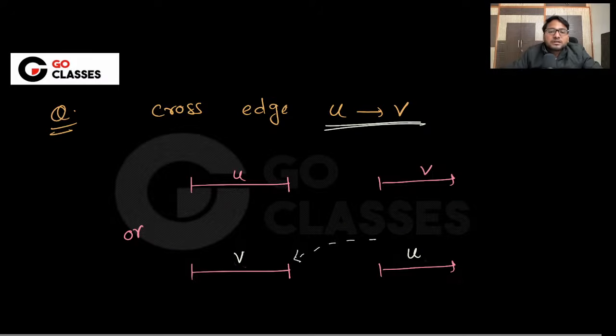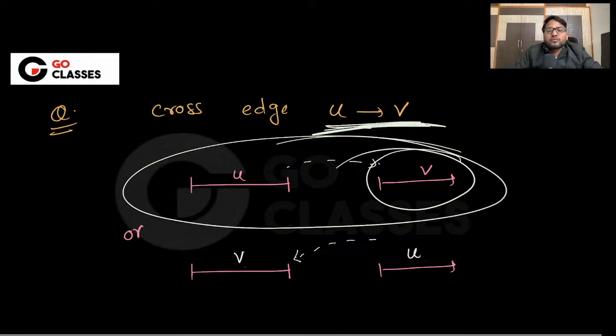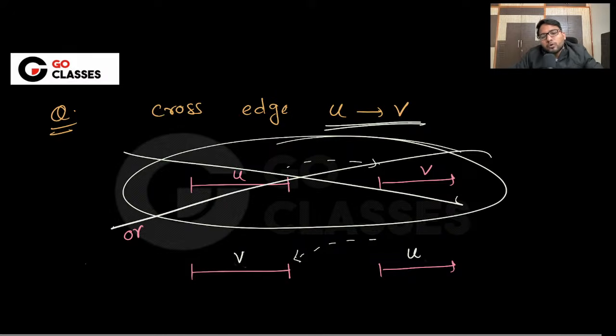In the original graph, this cannot be. If you are starting U first and U to V is an edge, then how are you starting V later on, even after that is finished, when it is reachable? If it is reachable, you must start it here. So for the cross edge, this is not a possible thing. The only possibility left is this.